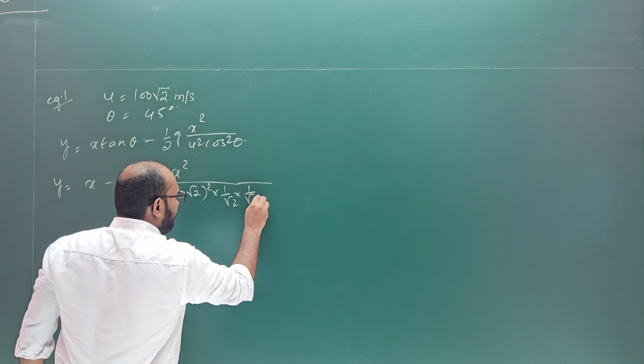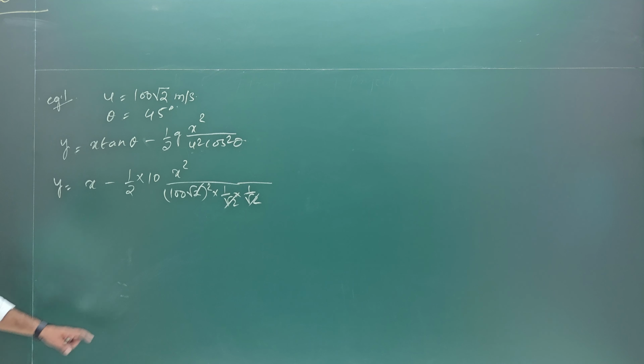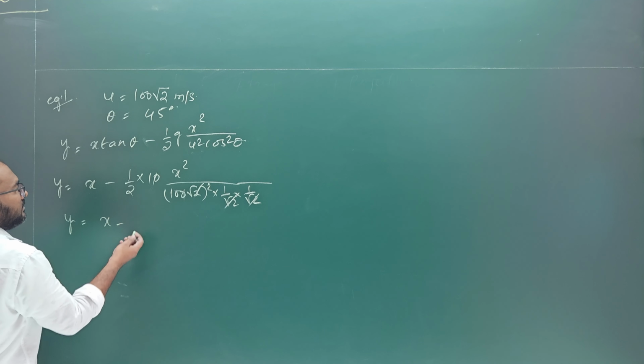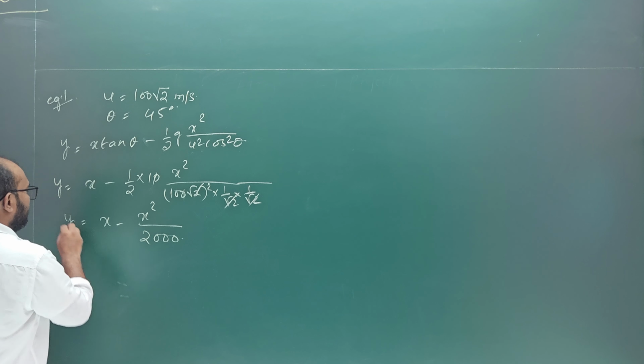Can I say this can cancel out? Left out is only 100. And can I also cancel this 10 and 10? Now left out is 3 zeros. So y is equal to x minus x square upon 2000. That's it.